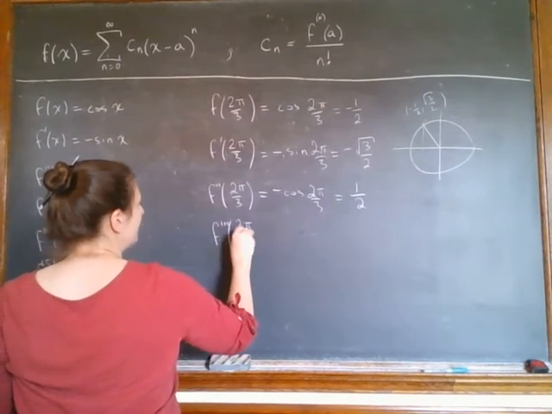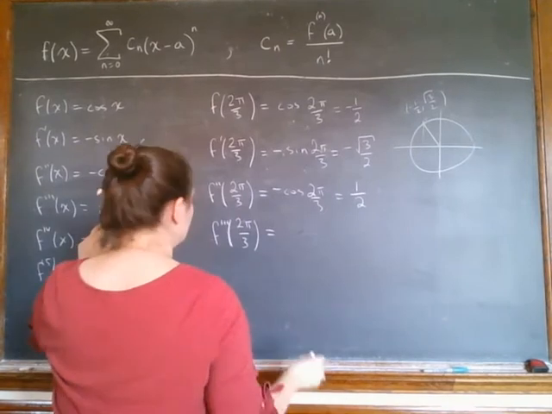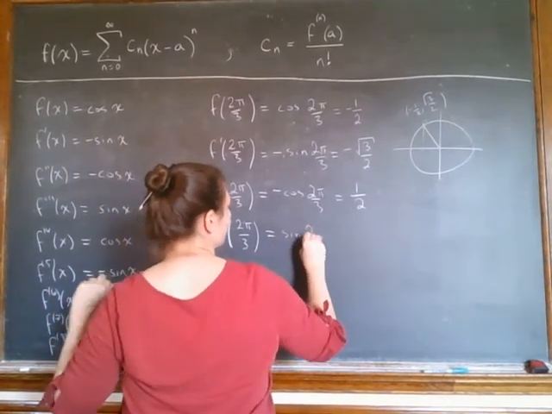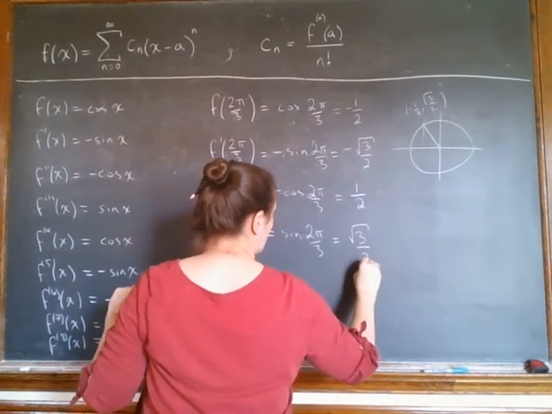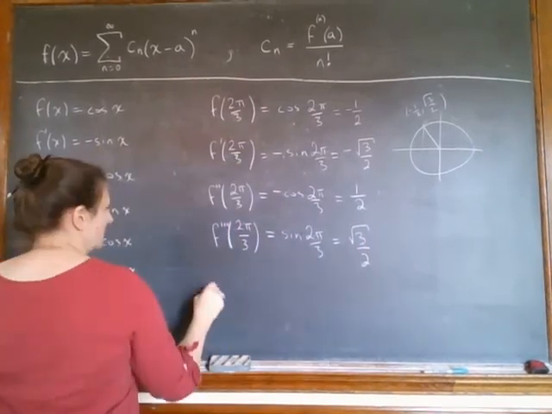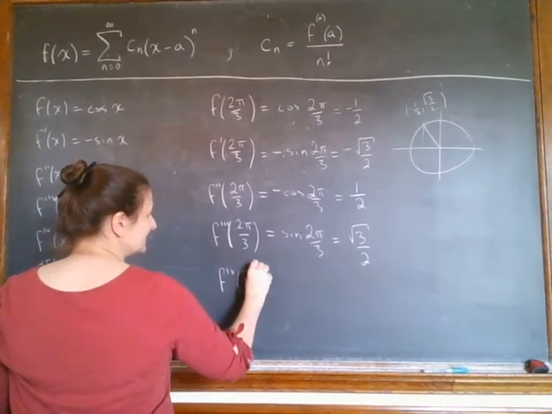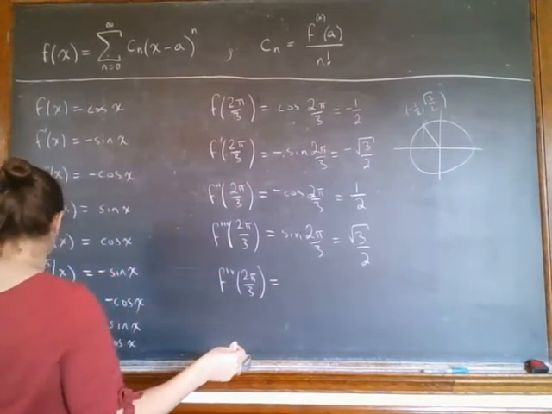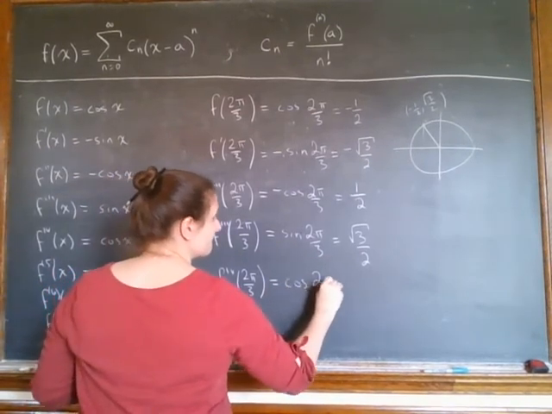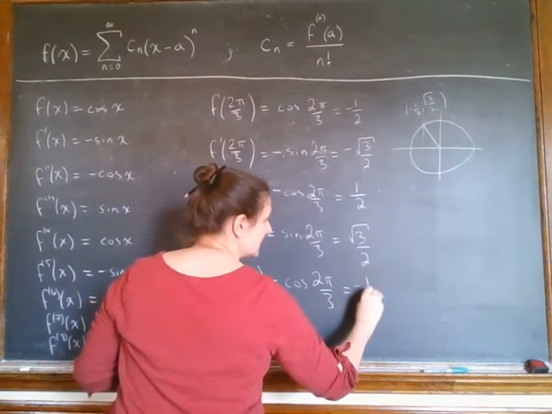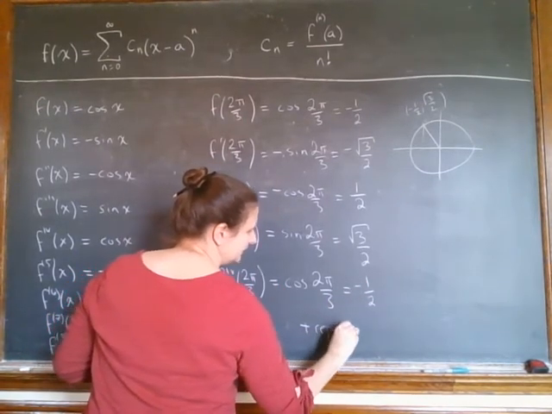Third derivative is going to be hard to fit them all on this board. So I'm going to stop here because after this they're going to repeat. Okay? This is going to be cosine of 2 pi over 3, so this is negative 1/2, and then I'm going to put plus repeat.